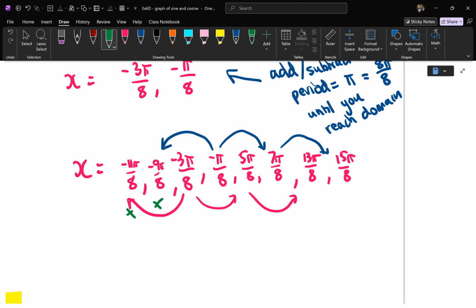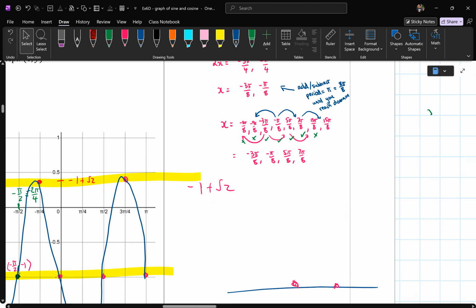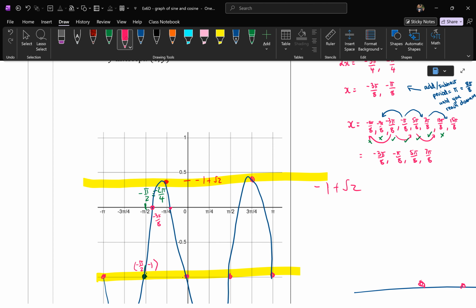The x-intercepts are negative 3 pi on 8, negative pi on 8, 5 pi on 8 and 7 pi on 8. So there should be 4 intercepts. Let's see. And yes, we do have 4 intercepts. Cool. So you can label them negative 3 pi on 8. What's the other one? Negative pi on 8.